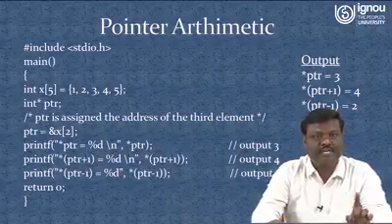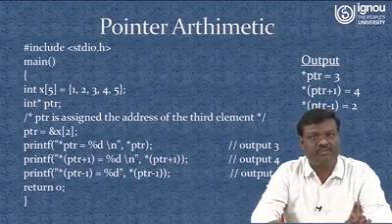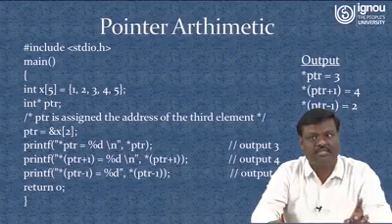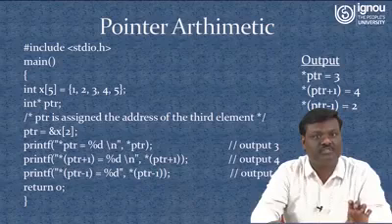So likewise you can increment or you can decrement. You can increment by 2, 3, whatever the case may be, or you can decrement. Accordingly the pointer will move in that particular array and give you the value.